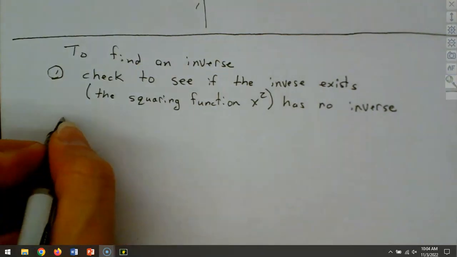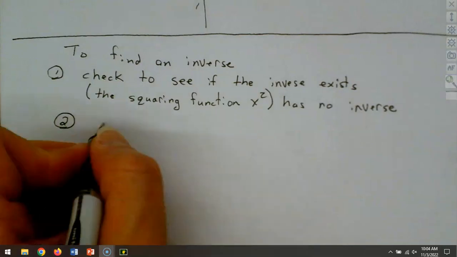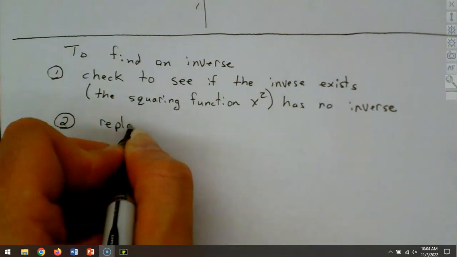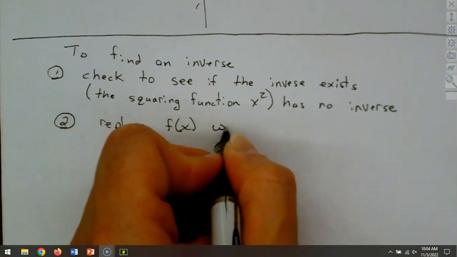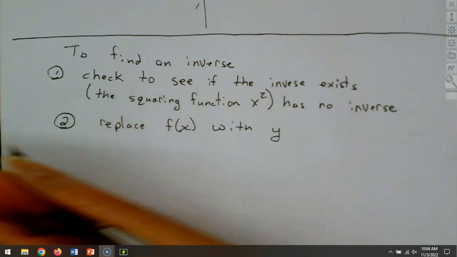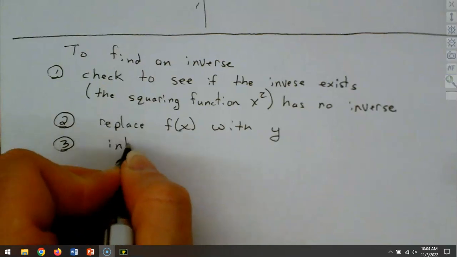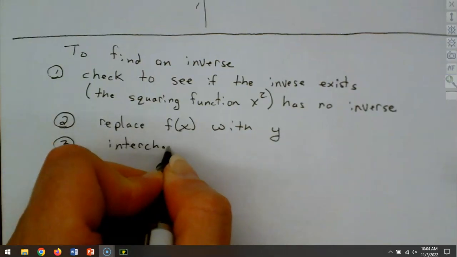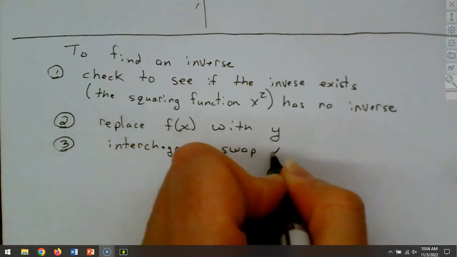Once you've determined if it has an inverse, then what you do is you replace f of x with y. And then after you've replaced the f of x with the y, then you interchange or swap x and y.